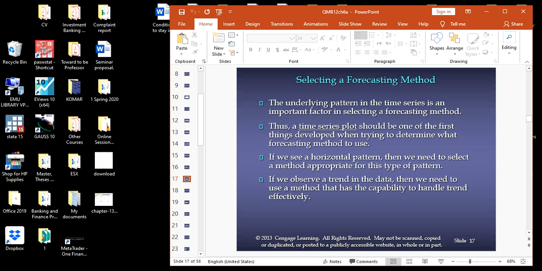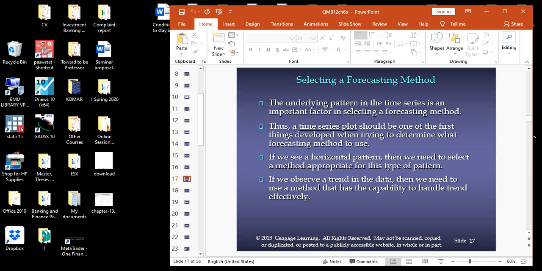So no one can forecast 100% what is going to happen next day or next month or next year. I mean, based on the category of the data that you are using, based on the business that you are in. But the important thing here is to select the best forecasting method.